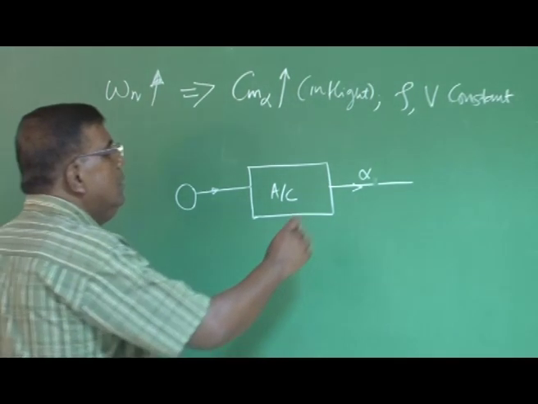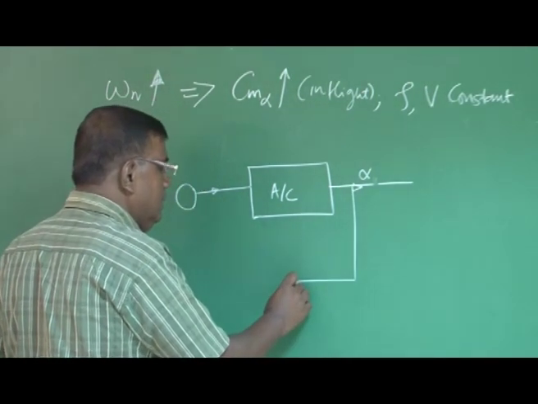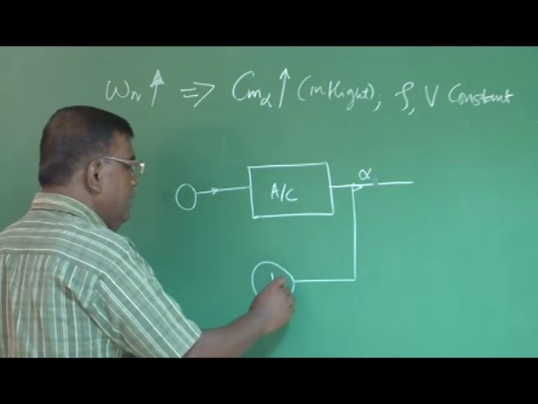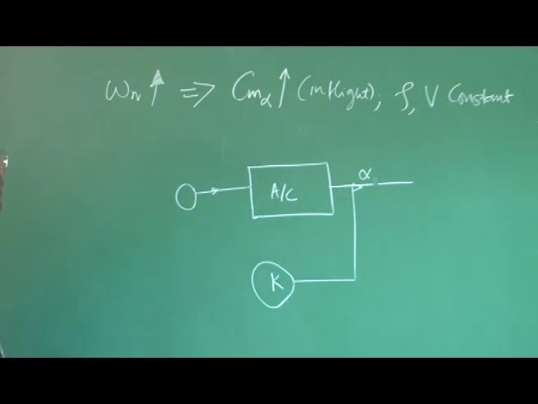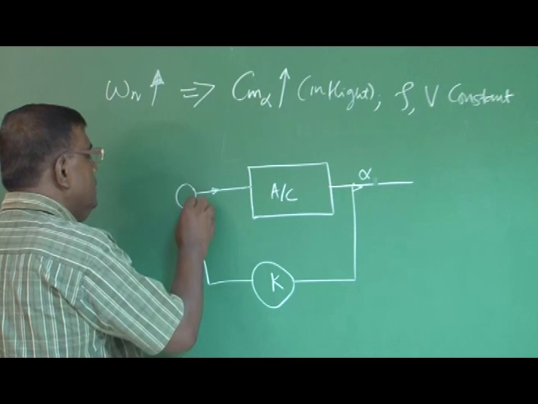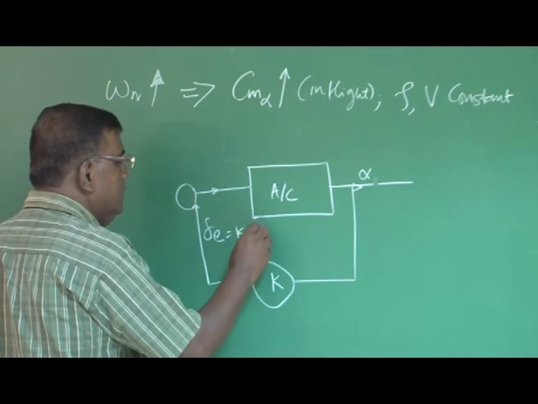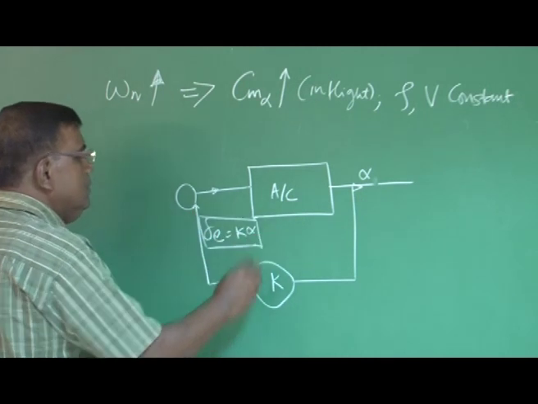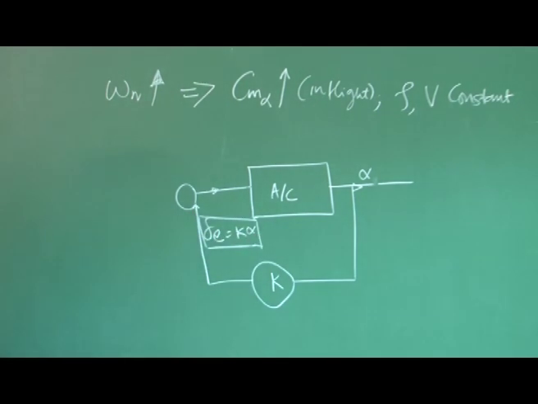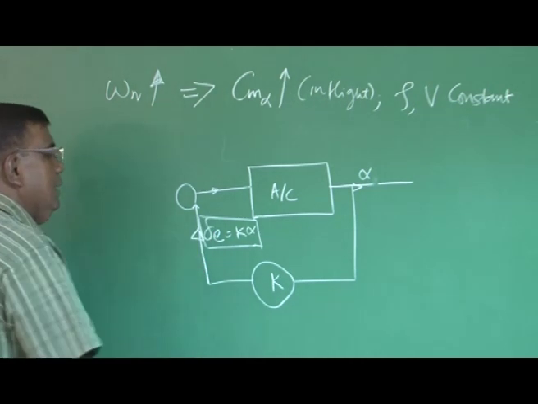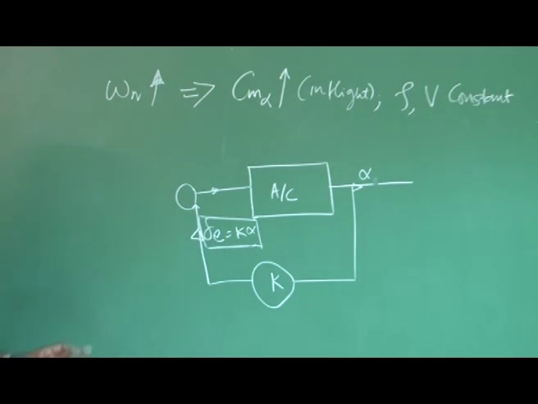What I do, I tap this alpha and multiply with a gain k, and then feed it in such a way that delta E is k alpha. So this is delta E, which is proportional to k alpha.